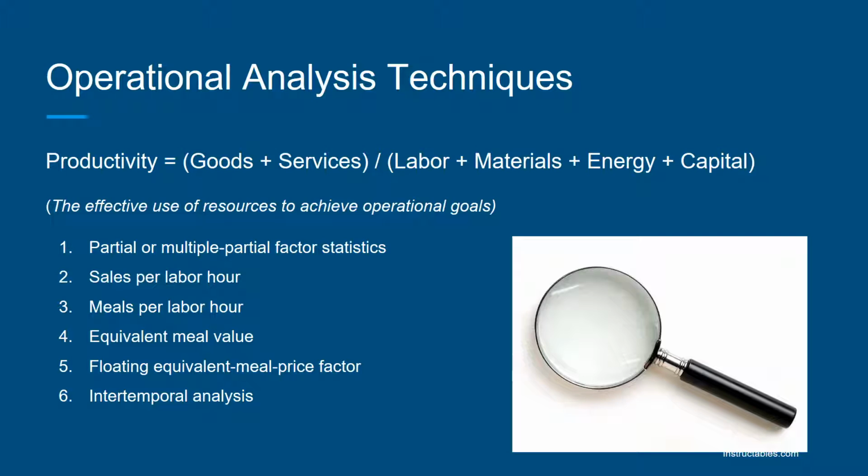This owes to the endless variety of restaurants, institutions, and other operations that serve so many types of customers. Partial factor statistics make it possible to omit irrelevant factors in a particular operation. Meals or sales per labor hour being prime examples.